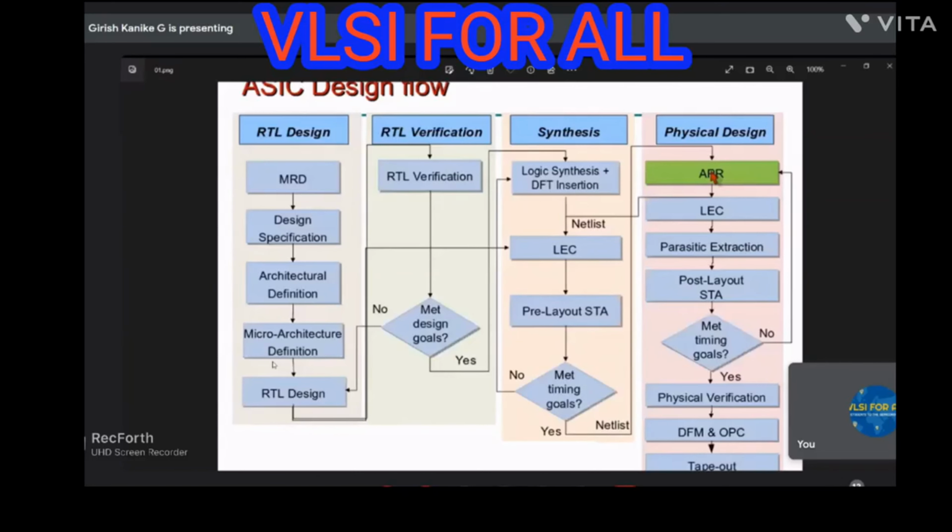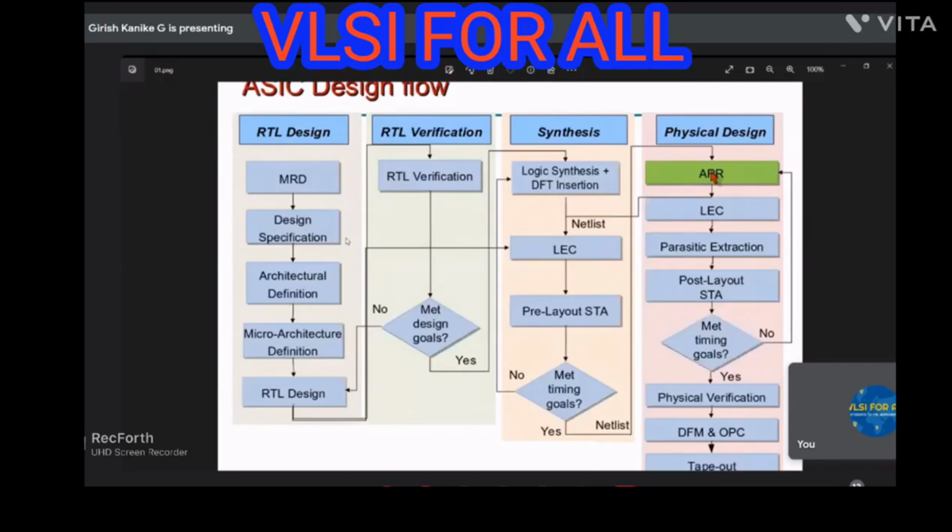Then it will be moved to RTL design. Now it is defined, so now it has to be designed. Now RTL designers come into play. They will design each and every single block by writing the code, and then the block gets designed. So this part is RTL design.